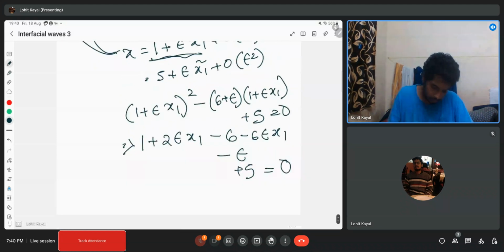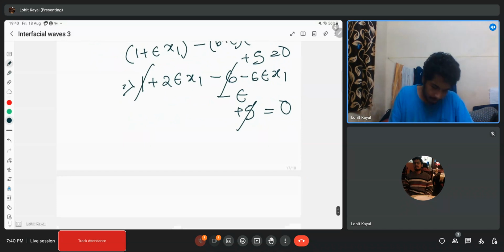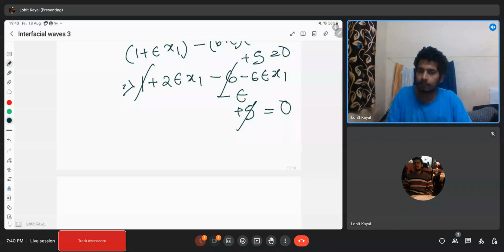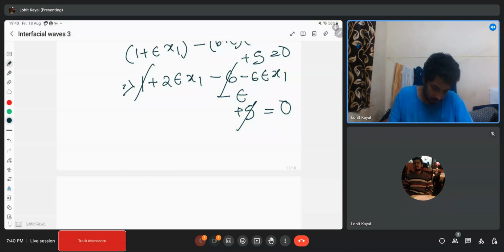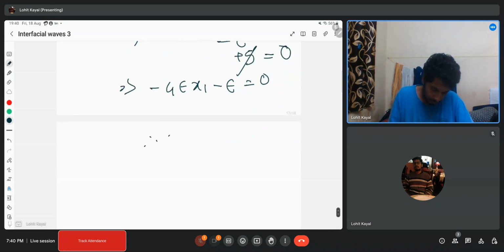The constant terms cancel because they come from the base state solution. This implies minus 4 epsilon x1 minus epsilon equal to 0, so x1 equal to minus 1 by 4.